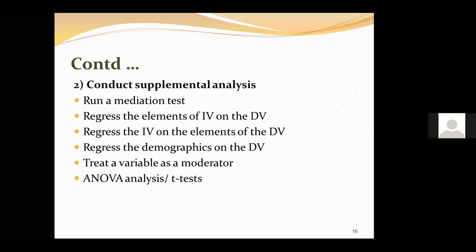It could provide explanations for why the results didn't turn out the way they did. Treat a variable as a moderator. Look out for differences between the variables or differences between the demographics. What I'm trying to say here, members, is that you should interrogate your data.